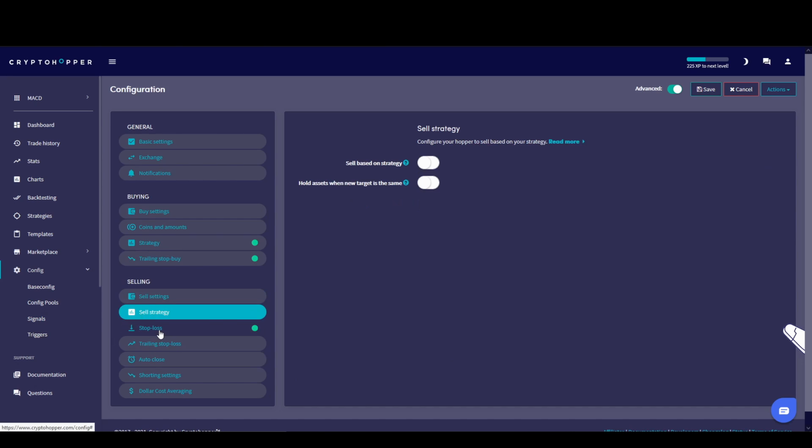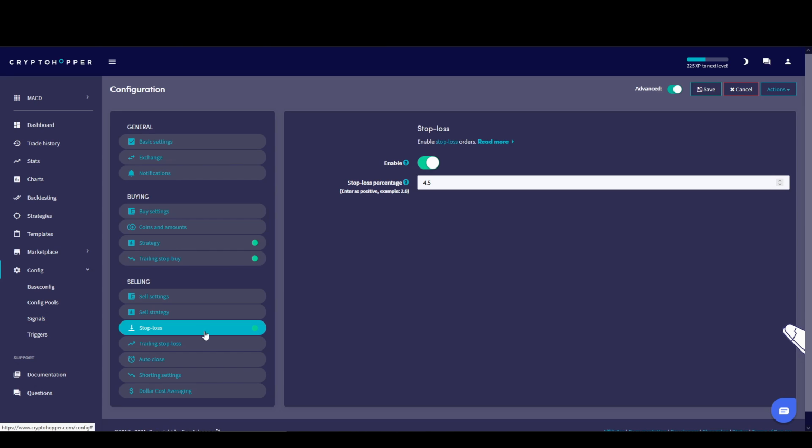Sell strategies. Off, everything is off, so we don't sell anything on strategies. Stop loss, same thing. We have to make it low and tight. So right now I'm at 4.5%. I did multiple backtests, so anything between 4.5 and 5.5% is pretty good.